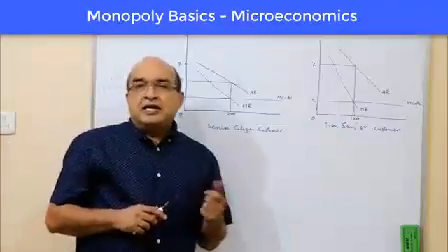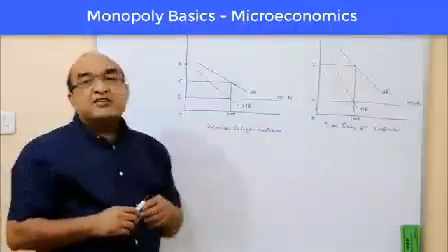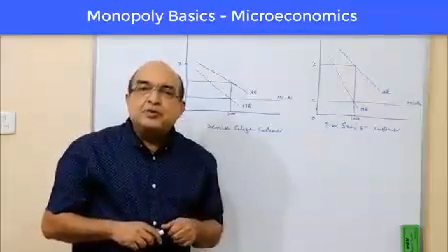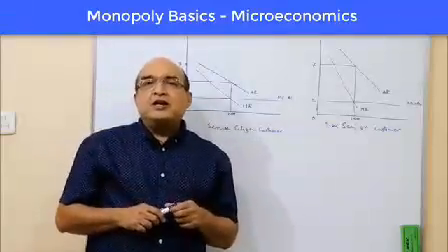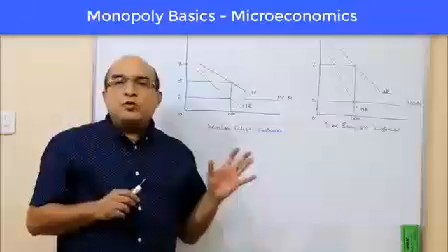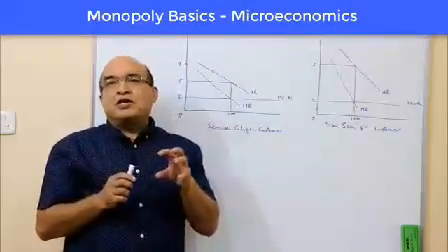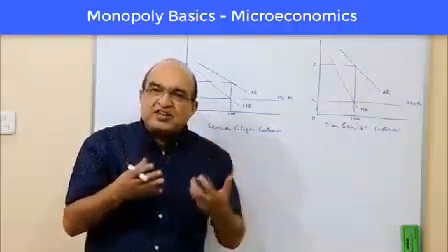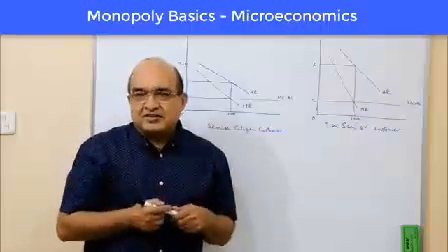Yet another aspect of the monopoly is price discrimination under monopoly, also called discriminatory monopoly. Discriminatory monopoly is the phenomenon where a firm under monopoly charges different prices for the same or similar product in 2 markets. That means from 2 different sets of customers, it sells the product at different prices.